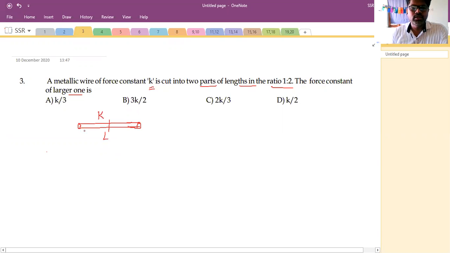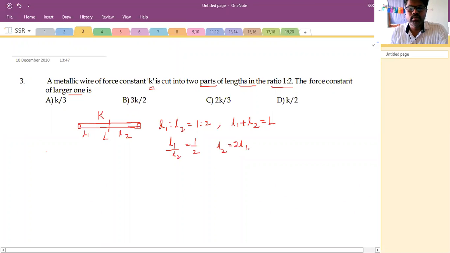That means suppose this is L1 and this is L2, then L1 is to L2 is equal to 1:2, and L1 plus L2 is equal to the total length L, which we don't know. Let us say L. Now you can relate L1 and L2: L1 by L2 is equal to 1 by 2. From this you can write L2 is equal to 2L1.